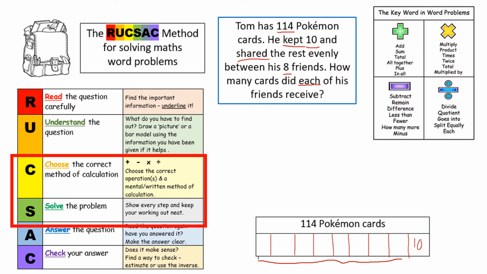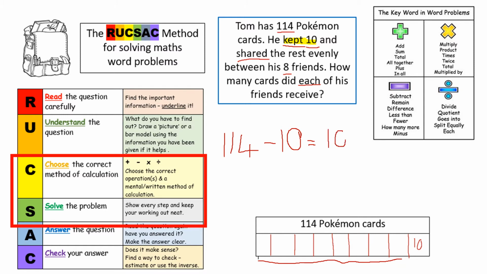C. Choose the correct operations and a mental or written method. Tom has 114 cards. He kept 10 of them. I know my first step is going to be 114 subtract 10. I'm able to solve that calculation in my head.